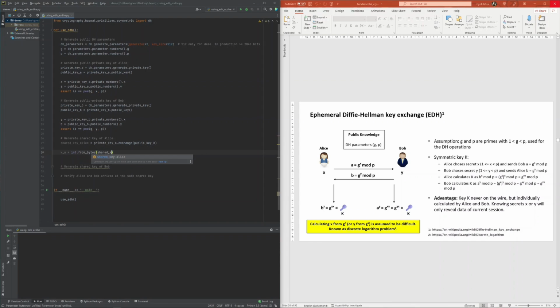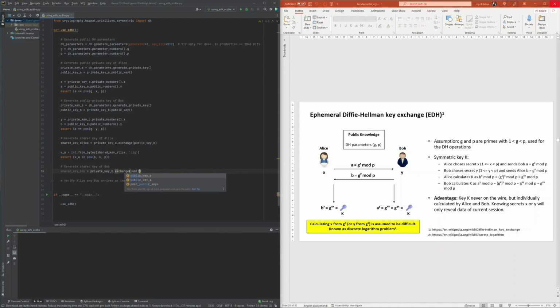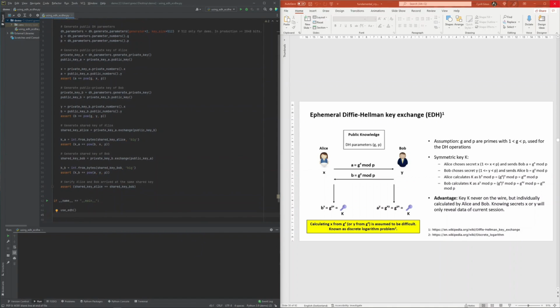Again, I thought it interesting to see that the shared key of Alice really is just B to the power of X, and that the shared key of Bob really is just A to the power of Y. Ultimately, I asserted that the shared key of Alice is the same as the shared key of Bob, which once the program ran, proved to be true.